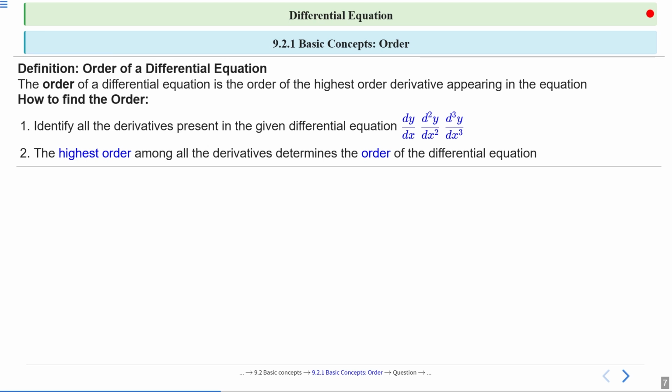But if the derivatives present in the equation are dy by dx, d2y by dx2, and also d3y by dx3, then the highest order among them is d3y by dx3, so the order of that differential equation is 3.